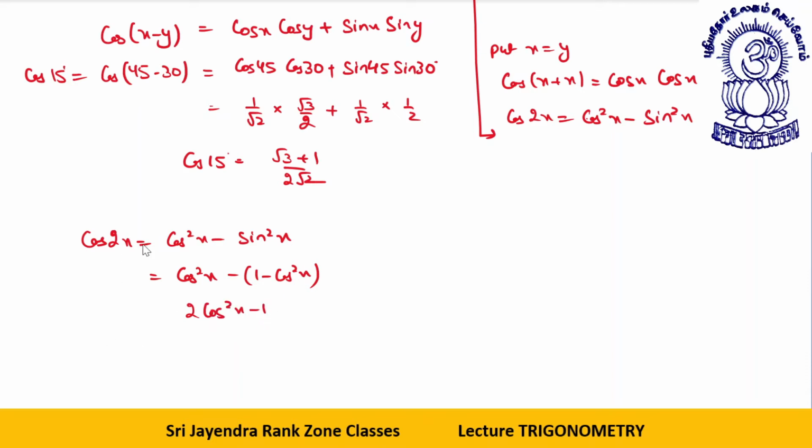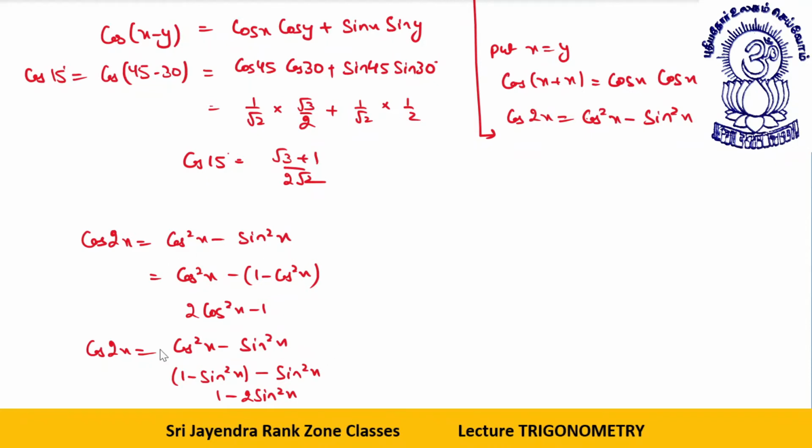Next, again cos 2x is equal to cos square x minus sin square x. I can write this cos square x as 1 minus sin square x, minus sin square x, or this will become 1 minus 2 sin square x. Clear? So you have got three formulas for cos 2x basically.